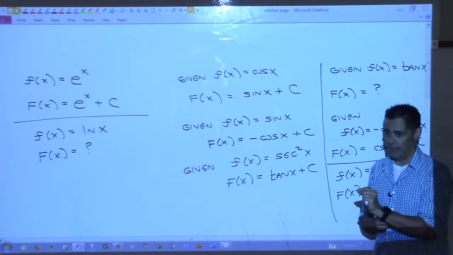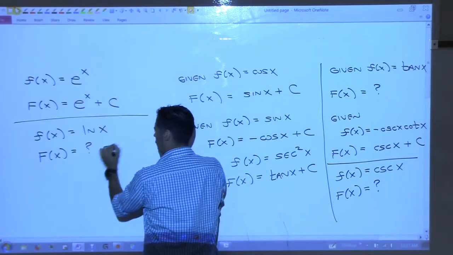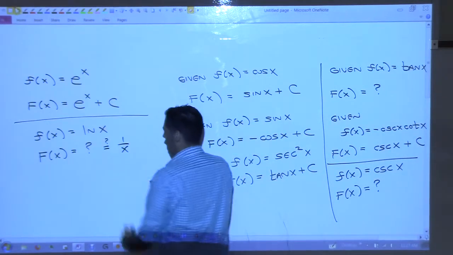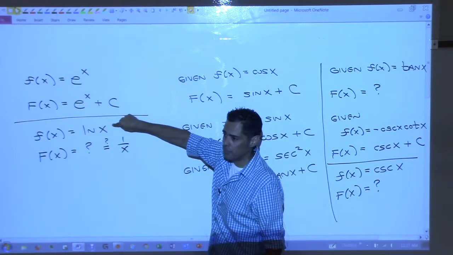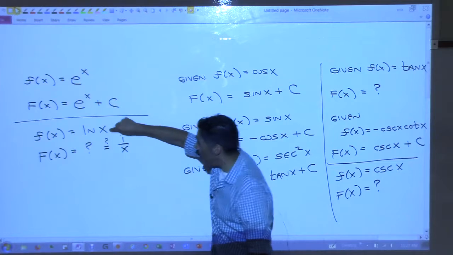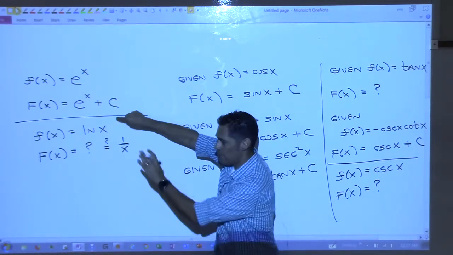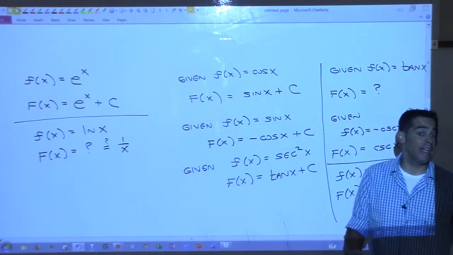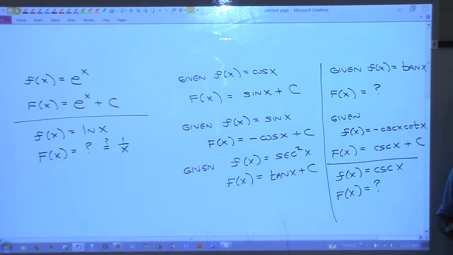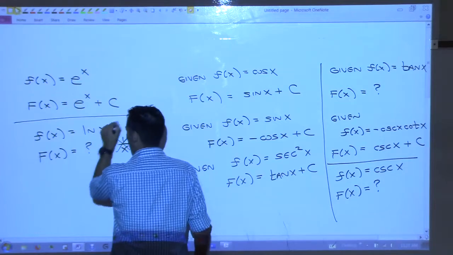So the antiderivative of this, is it 1 over x? That means if I take the derivative of this, do I get this? No. Take derivative of that, I get this, but that's not what we want. We want derivative of this gives you this. So in Cal 1, did we ever take the derivative of anything and get natural log of x? No, we didn't. So this is an open question.